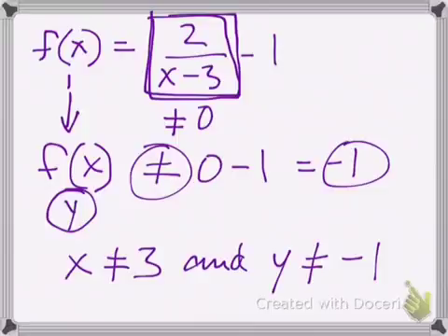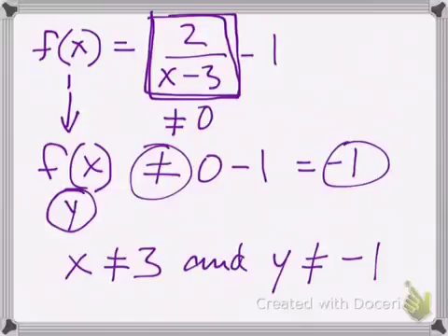There's 2 restricted values: a restricted value for X and a restricted value for Y. It just so happens that the restricted values of X and the restricted values of Y are always going to come from the same place in a rational function that's in this form. And on this next test, the only thing we're going to look at are rational functions in this form.